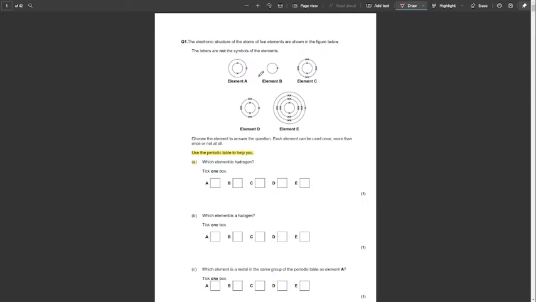We know it's going to be in period 1 and that it's going to be in group 1, because that is our element hydrogen. You can see that on your periodic table. So instantly we know that it's going to have one outer shell. So it can't be A, can't be D, can't be E, and can't be C. That only leaves element B. Thus it must be element B.